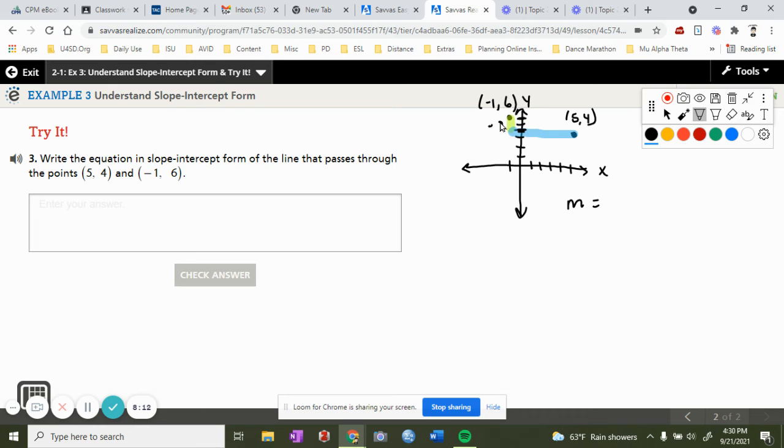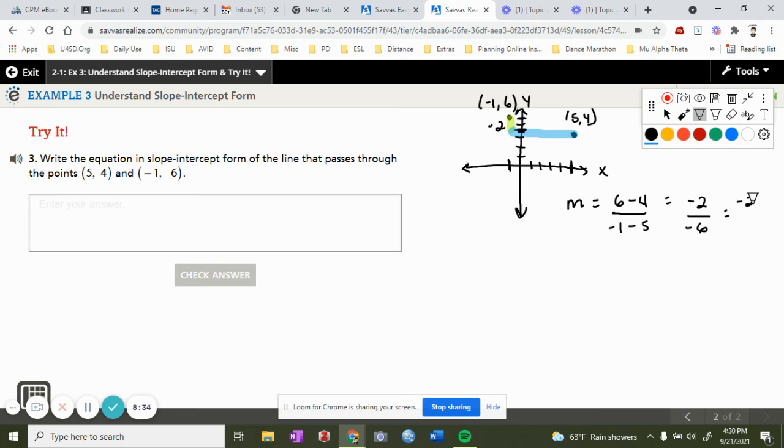So that is down 2. So 6 minus 4 is negative 2. And then my run, I'm going from negative 1 to positive 5. So we're going to do negative 1 minus 5, and that is a distance of negative 6.